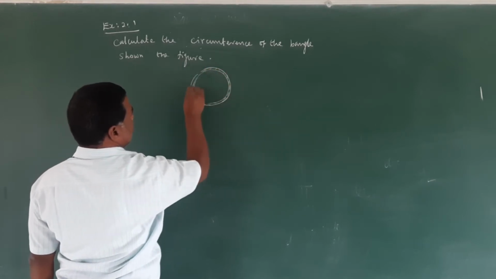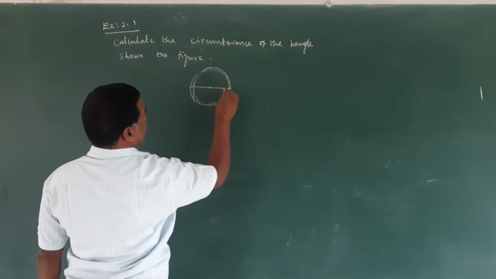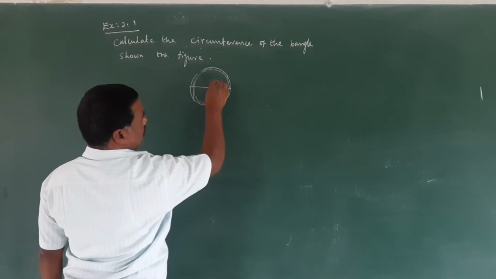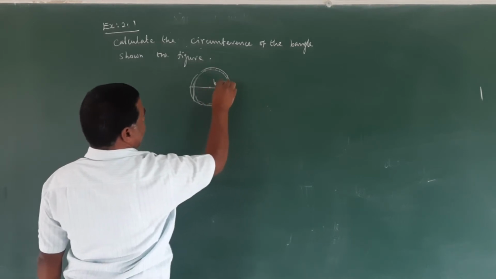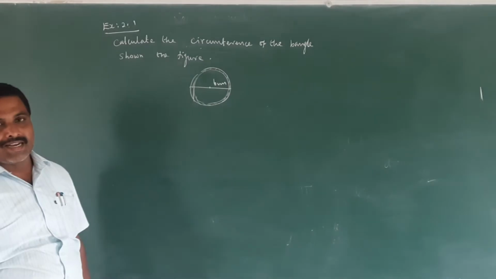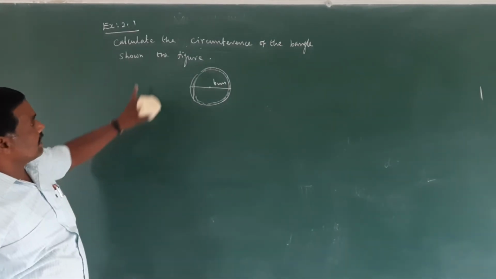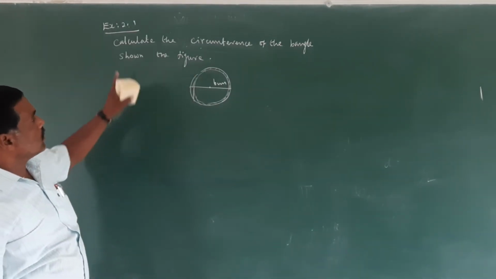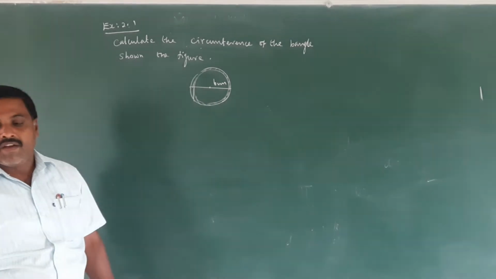Calculate the circumference of the bangle shown in the figure. The bangle's measurement given is 6 centimeter.